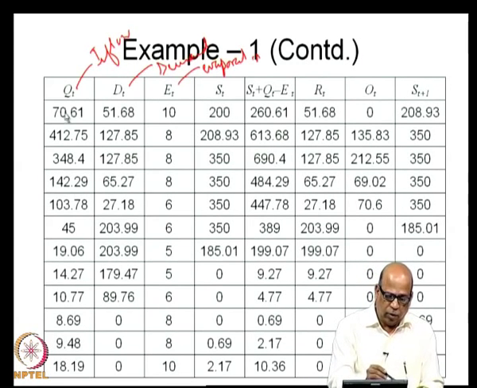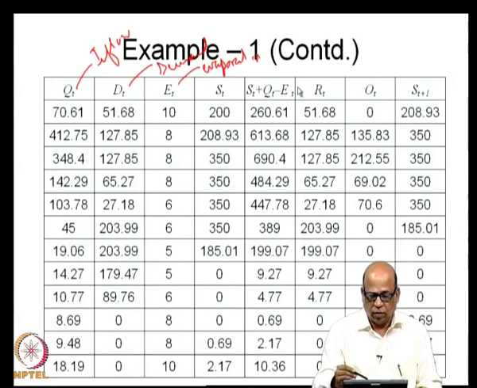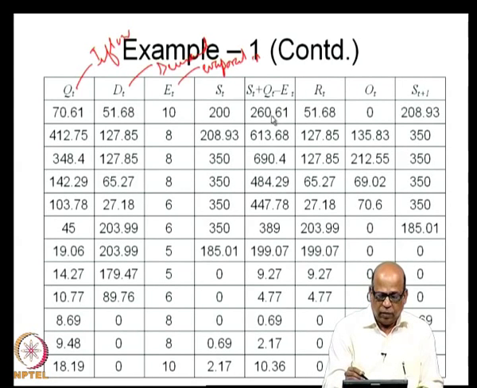On this we add Q T, 200 plus 70.61, and take out the evaporation of 10 units, that comes to 260.61. Now, this is the amount of water available in time period T after accounting for the evaporation losses. Then compare this with the demand 51.68. Because this is more, you meet the demand in full.